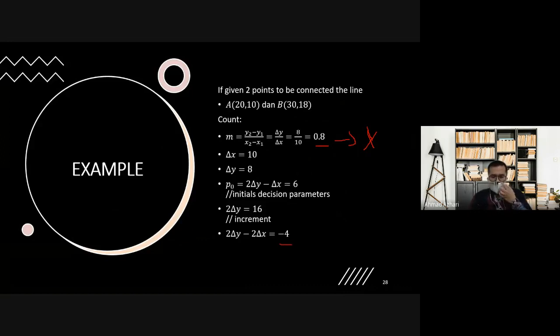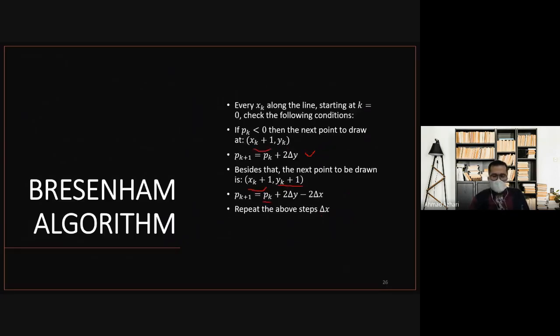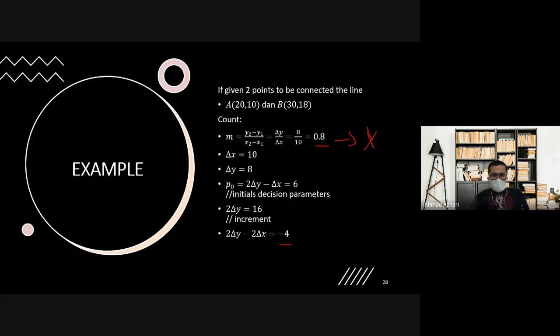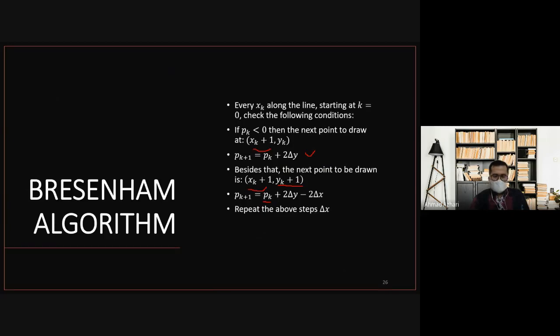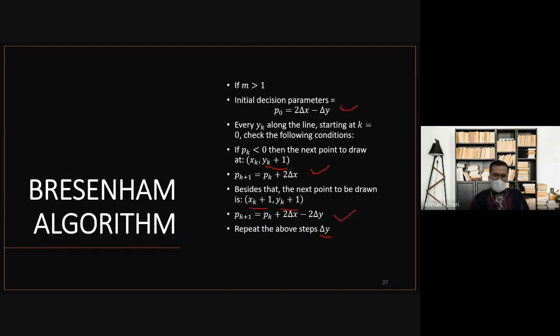So by using this rule, you can see the current p is 6. It is more than 0, so we use this rule: x by 1 and y by 1.